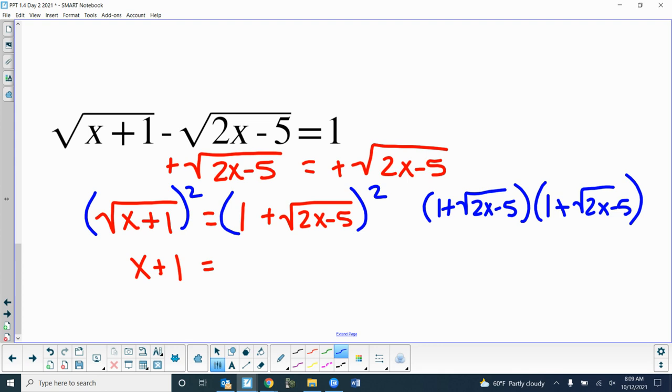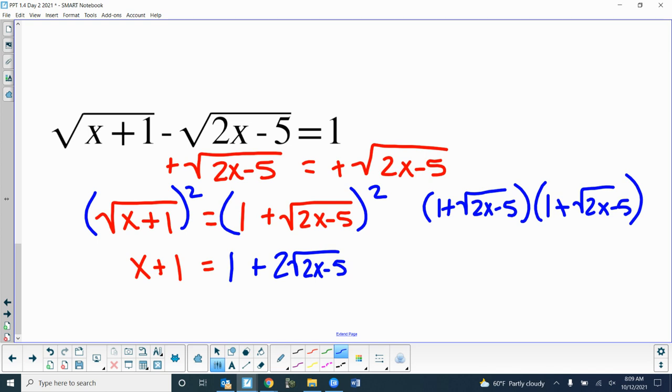Square that. What's 1 squared? 1. The middle is what do you do with those two? Multiply. What's 1 times that? The square root of 2x minus 5. Then what? Times 2. So that would be 2 of those, right?